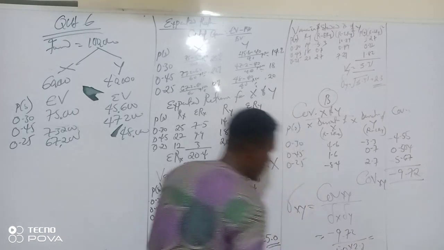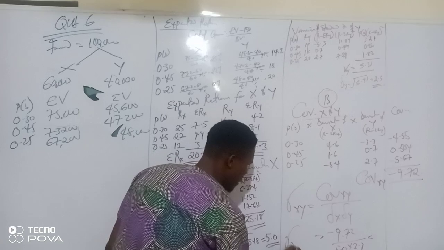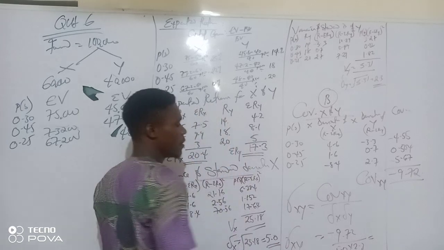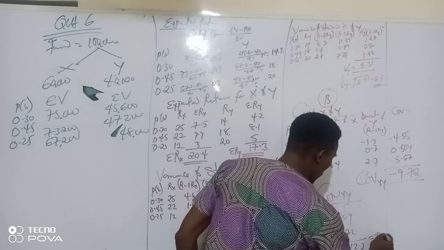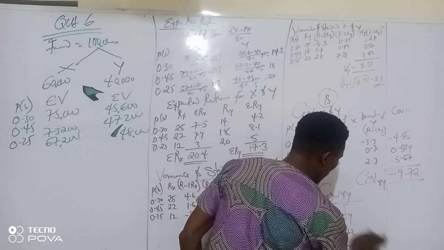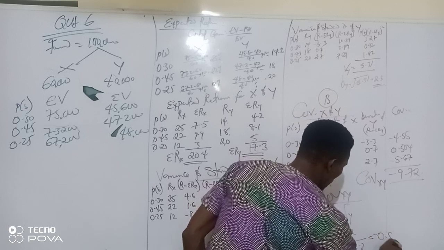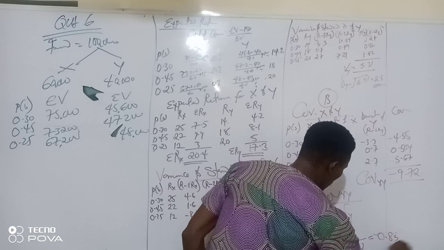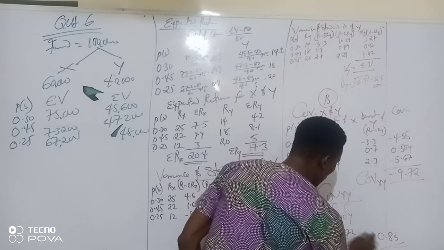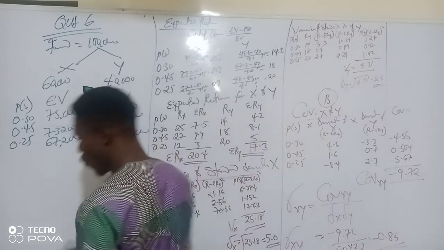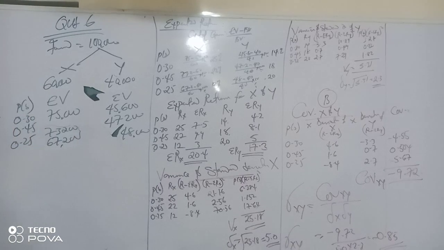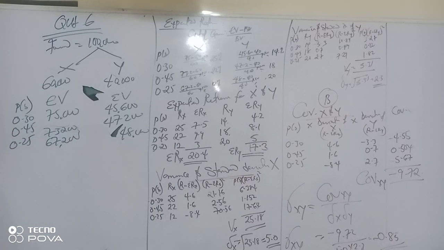Final answer: minus 0.84. So our portfolio combination of X and Y is negatively correlated. I told you the sign is very, very important.